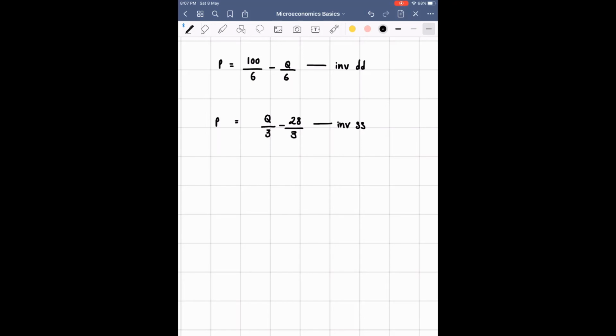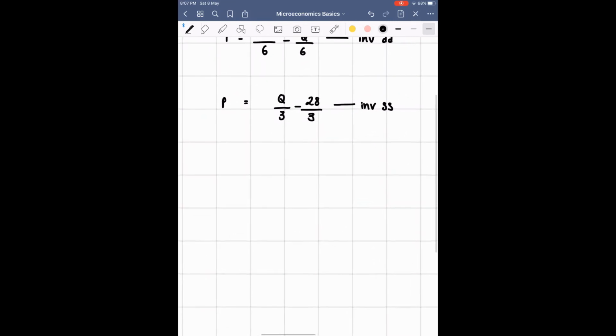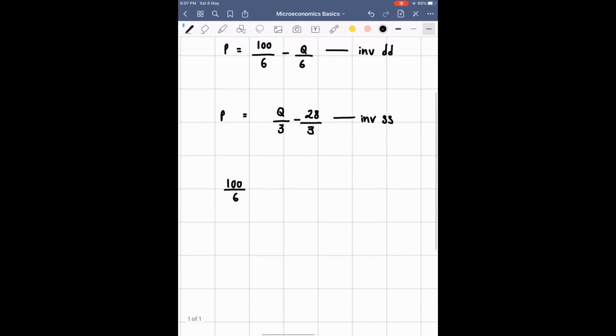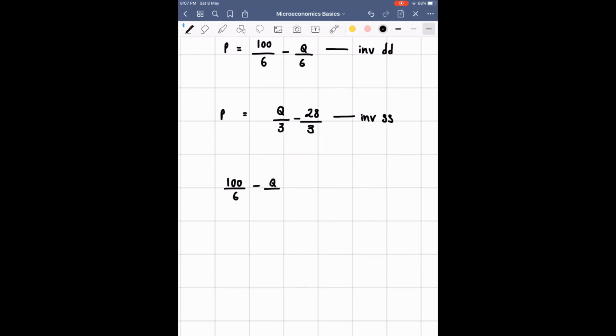Similarly to what we learned in the previous video, where we equated the quantity demanded and quantity supplied, in this case let us equate the price, since the price associated with the demand curve and the price associated with the supply curve has to be the same at equilibrium. As such, we can equate 100 divided by 6 minus Q divided by 6 to Q divided by 3 minus 28 divided by 3.